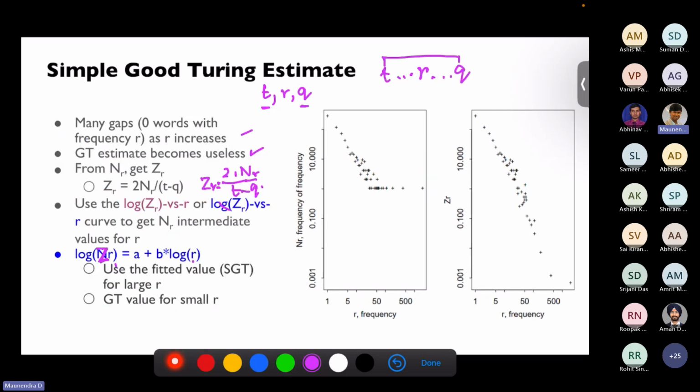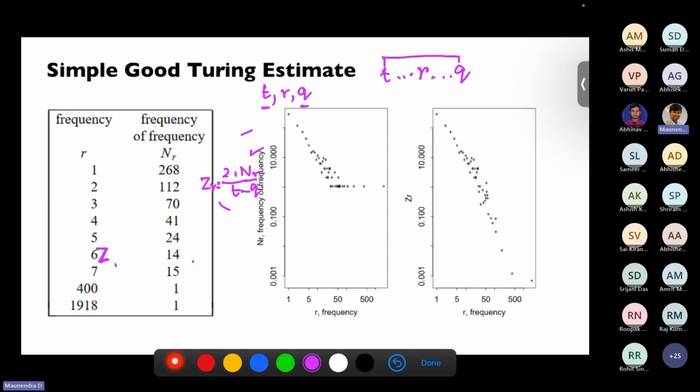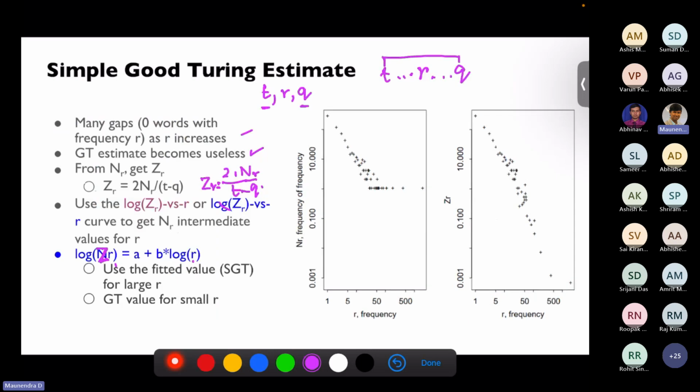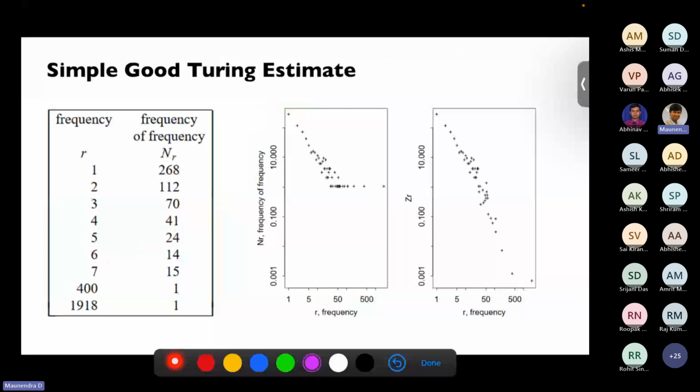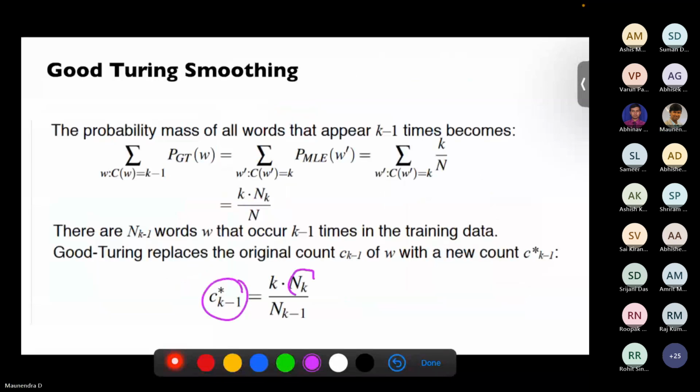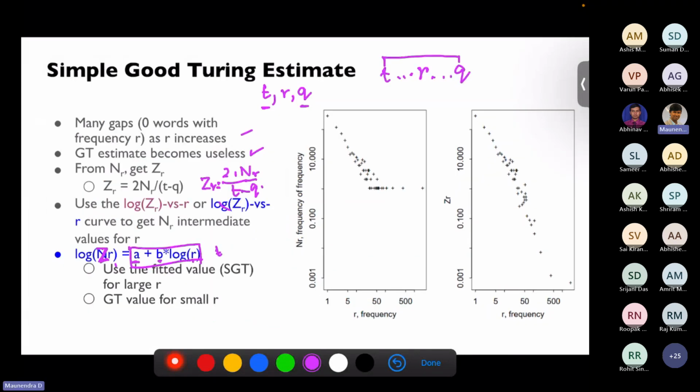They use a simple linear relationship where, in the log space, log ZR equals A plus B log R. Once you have a collection, you can have R, NR and the corresponding ZRs. It becomes easy to learn the values of A and B. And for any R now, you use this fitted value in your frequency calculation, so you can find N(k+1) based on this.